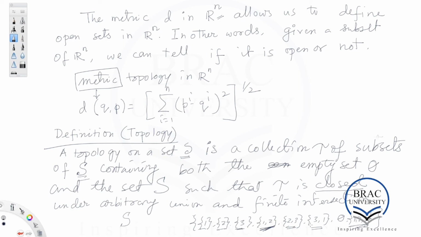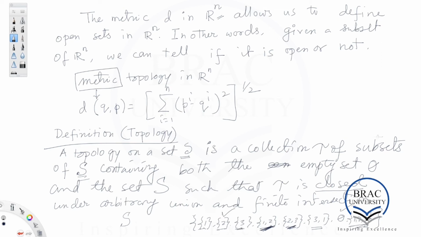What does it mean by closed under finite intersection? If we choose finitely many elements from this collection and take their intersection, that has to be in the collection as well. For example, we choose {1,2} and {2,3}. Their intersection is {2}. {2} is also here. We choose {1} and {3}. Their intersection is empty.